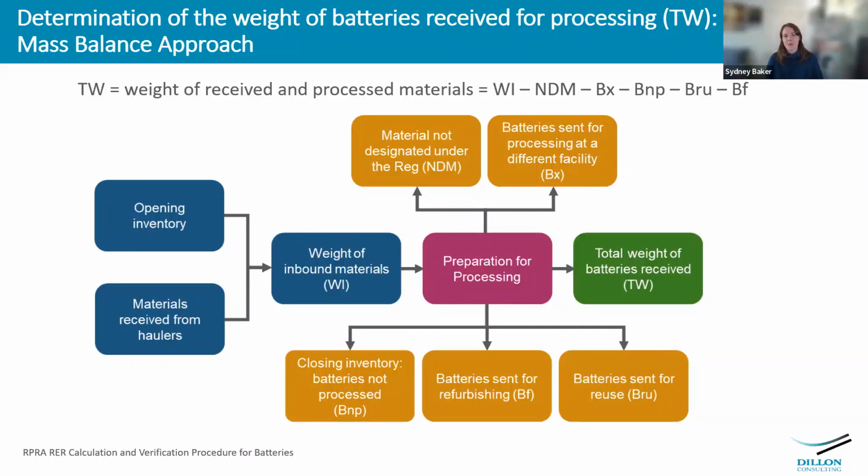As you can see, you're removing non-designated materials, and any batteries sent for processing at a different facility. There's also space there for a closing inventory, so if batteries aren't processed during the time frame, and then batteries sent for refurbishing or for reuse. Once all those materials are removed, that's where you get your total weight, which is going to be one of the inputs to the formula to calculate the RER.